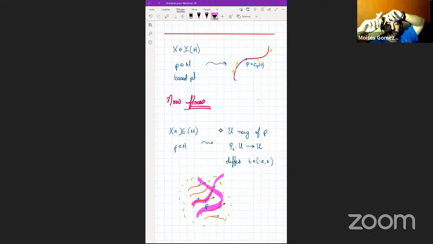Otherwise, it would mean that it won't be unique. So there's some uniqueness, but also just like the picture.